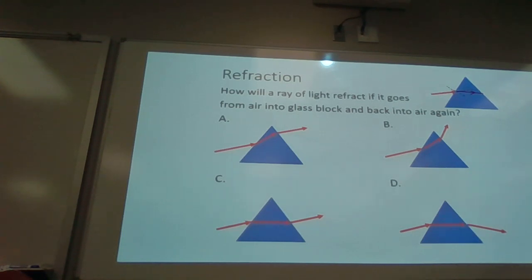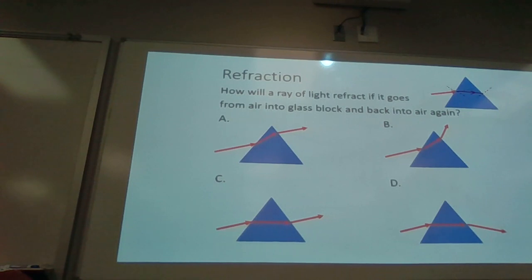Going to this next surface, show me with your arm the normal line. Perpendicular to the surface. Going from glass into air is going to bend away from the normal line.